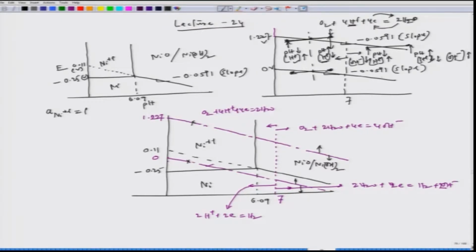When the pH is more than 7, the reaction is O2 plus 2H2O plus 4e equal to 4OH minus. Now, at this point we see that the OH minus ion concentration is less.